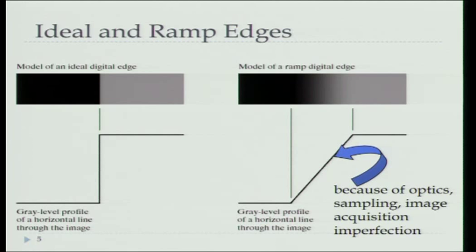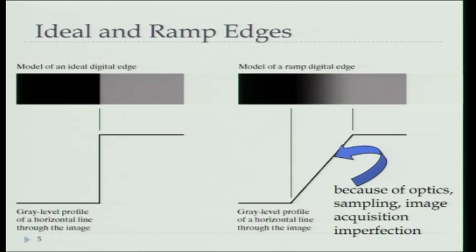As you know, average filtering causes blurring, and that blur affects your edge also, and the edge becomes blurred. As a result this ramp will be created.